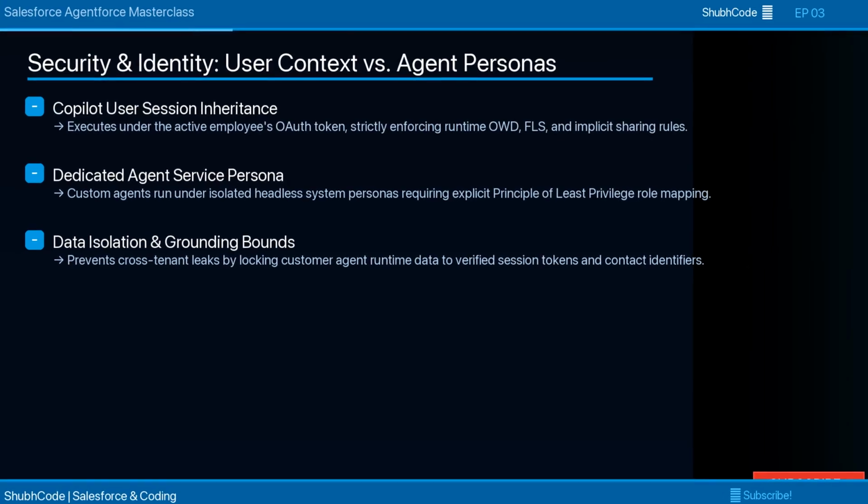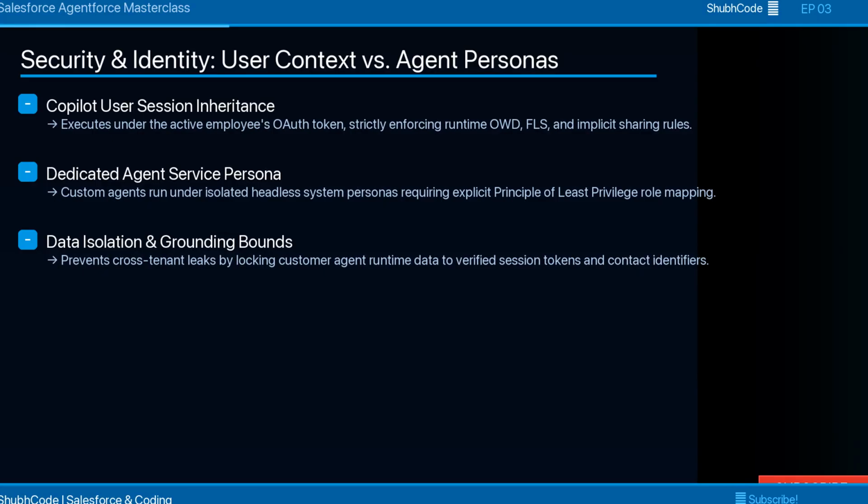The most critical architectural differentiator between Copilot and custom agents lies in identity context and record-level authorization. Einstein Copilot executes strictly within the authenticated user session, inheriting the employee's exact profiles, permission sets, sharing rules, and field-level security constraints. Conversely, custom autonomous agents execute under a dedicated agent user persona running with system-governed or scoped elevated privileges across enterprise boundaries.